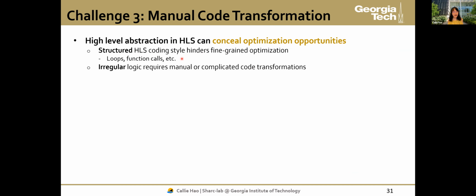It can only be applied to loops and function calls, and sometimes we really want to break these things to make more aggressive optimization. And also, irregular logic will require manual or complicated code transformation. Especially when you have a specific constraint, this will further complicate the problem.